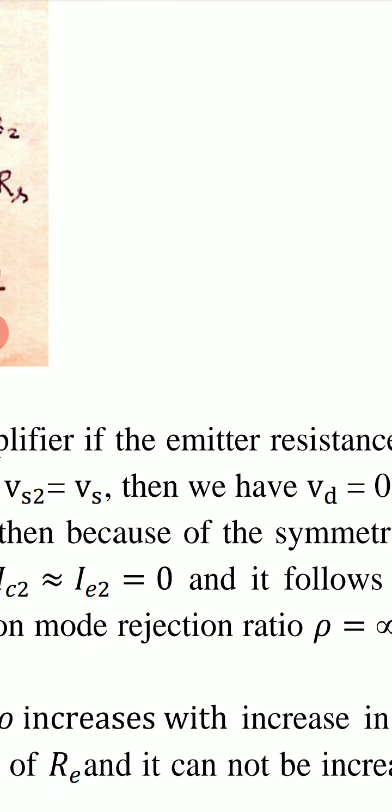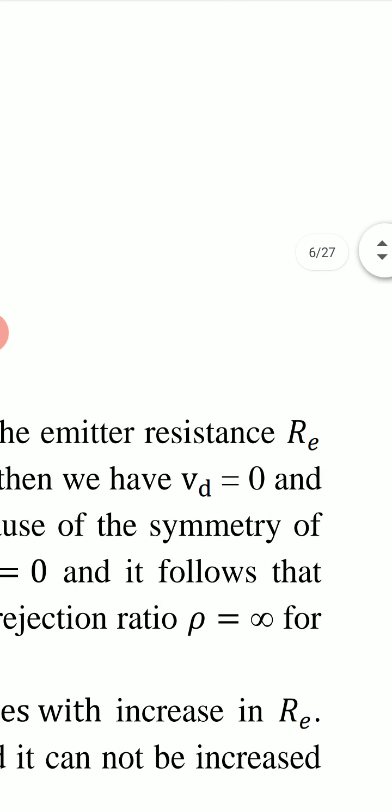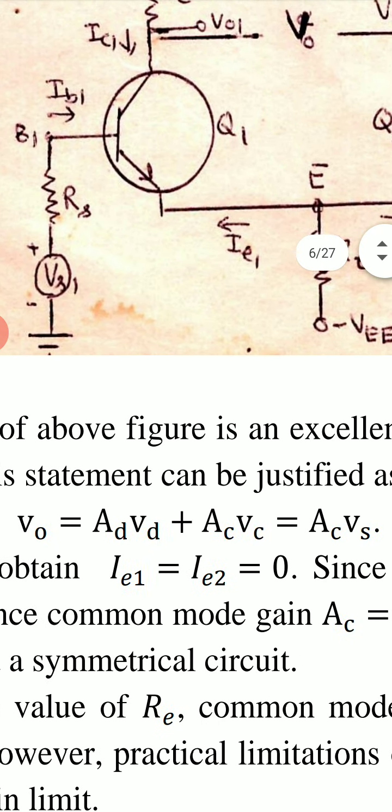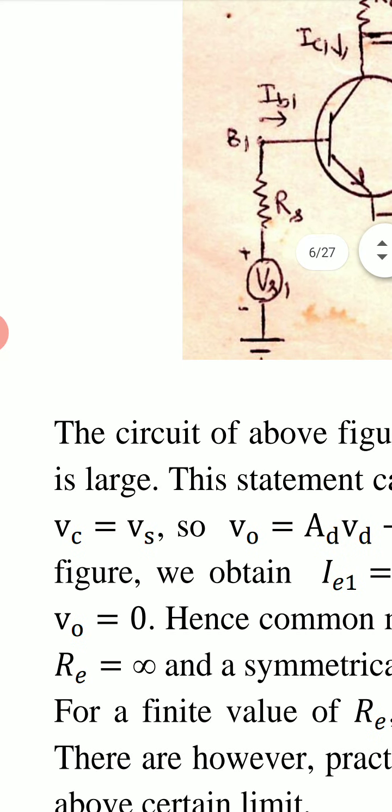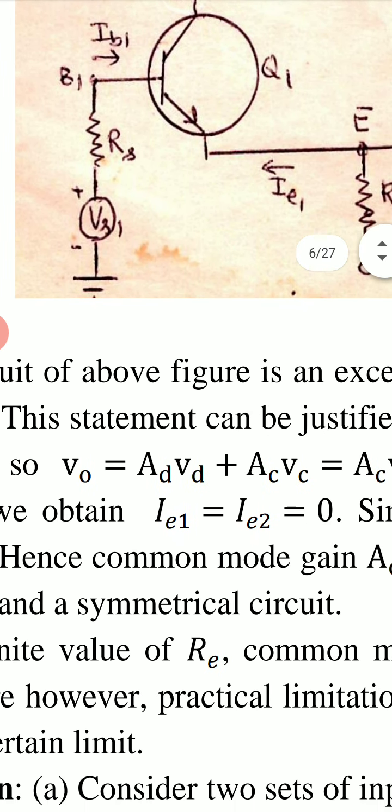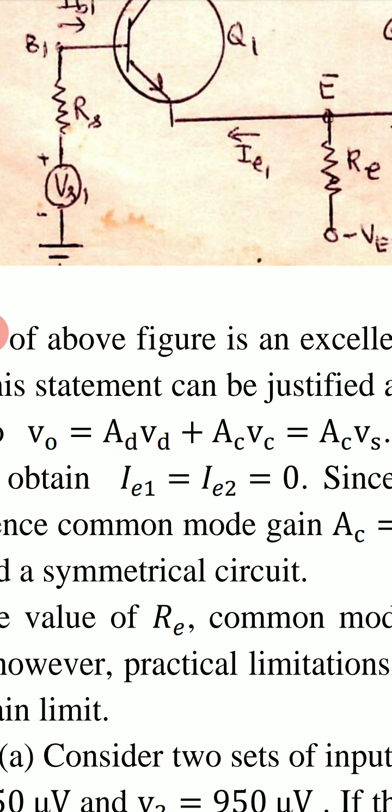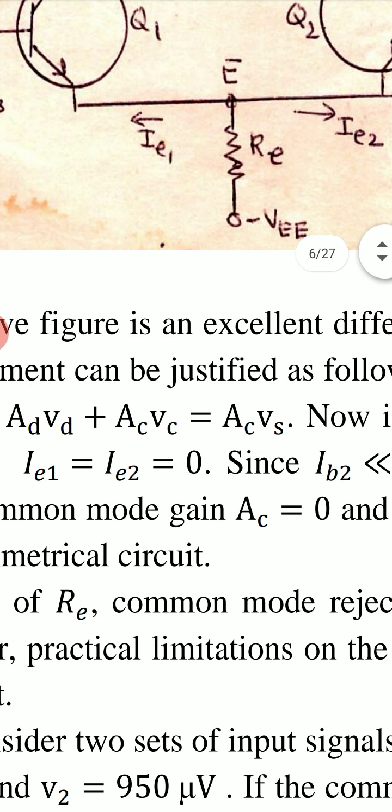Then the difference signal Vd, which is the difference of these two signals, becomes 0, and Vc equal to Vs. Vc is the common mode signal, that is, the average signal. So the common mode signal Vc becomes equal to Vs. Now the output voltage Vo, which is equal to AdVd plus AcVc, now becomes equal to AcVs.